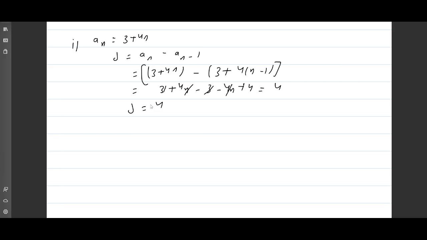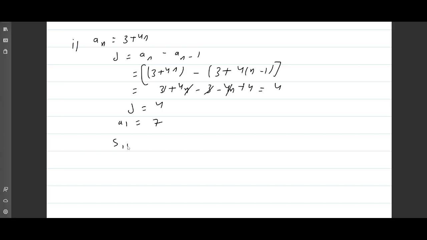So what we have, a1 is equal to 7. We have to find S15.